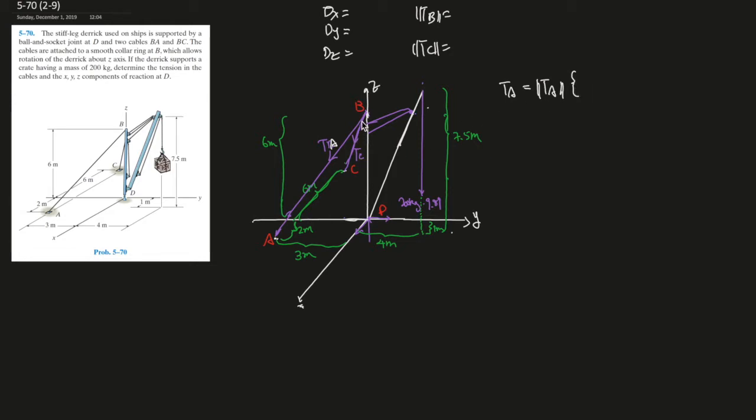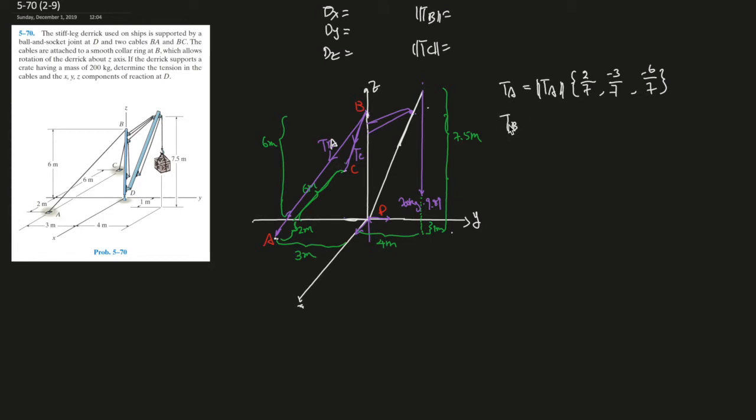So for the X direction it moved to the front by 2, so that's 2 over here, and in the Y direction it moved by -3, so it's -3 over here, and in the Z direction it moved down by 6 meters, so it's -6. 36 plus 9, 45, plus 4, 49, and the square root of that gives you 7. So that's TA.